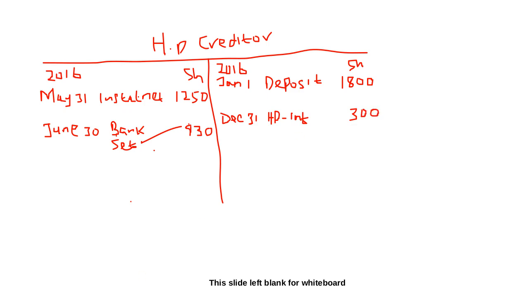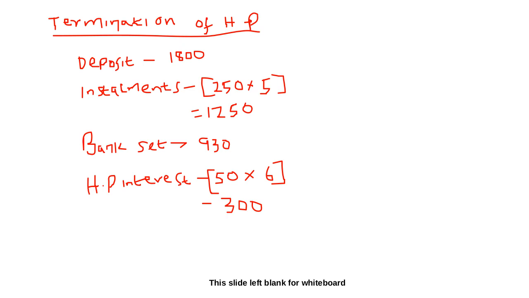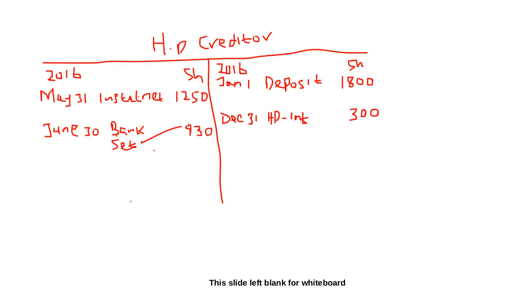After recording, I don't think we have any other item that we have not recorded. We have the deposit, the installment, the bank settlement, and the interest. That is okay. Now we need to balance this account.